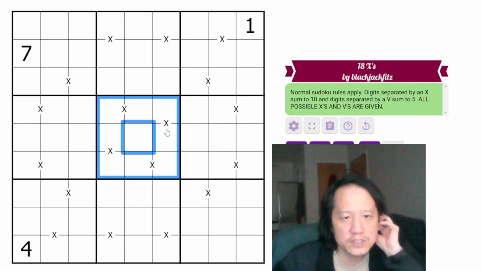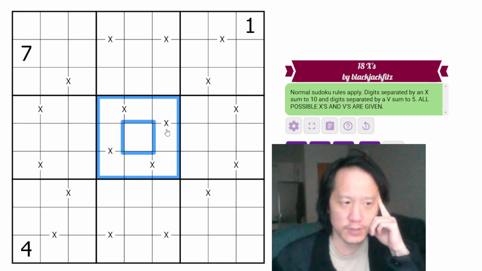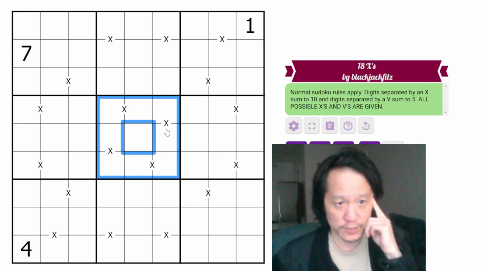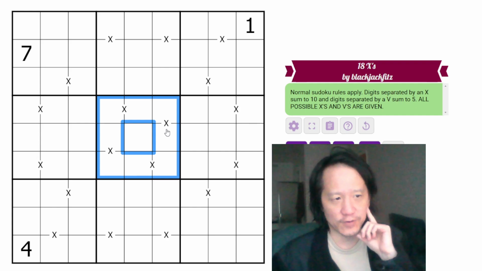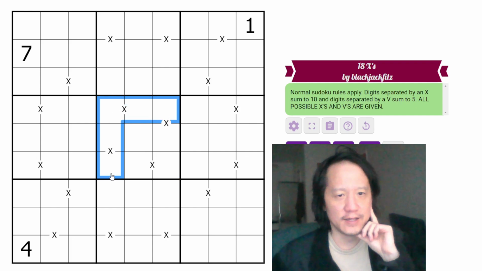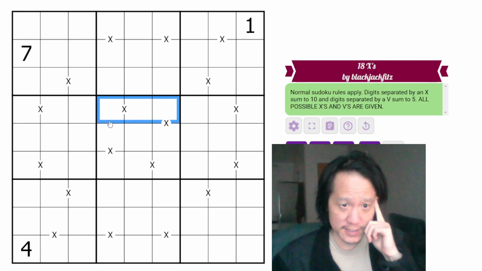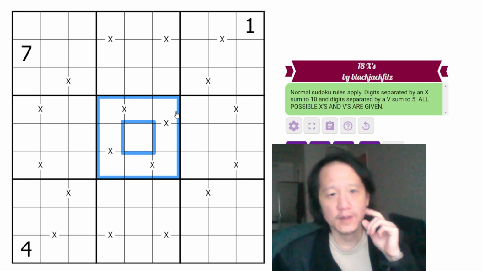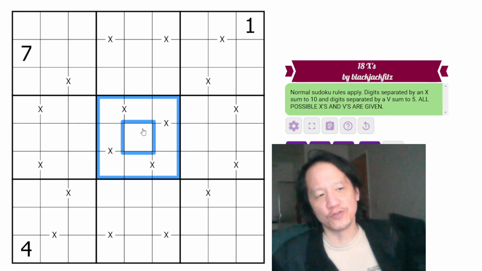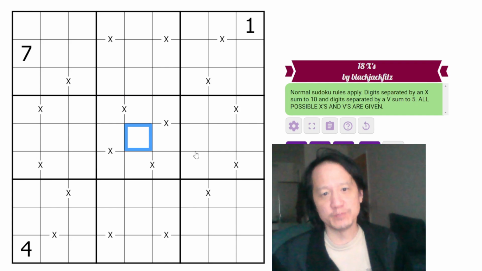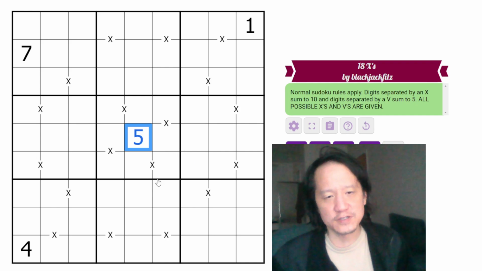Well, what's the only digit that cannot add up with 10 to another unique digit? It has to be 5, right? All these digits add up to 40, and there are 8 digits adding up to 40. Therefore, the last digit must be 45 minus 40, which means it has to be 5. So this is a 5.